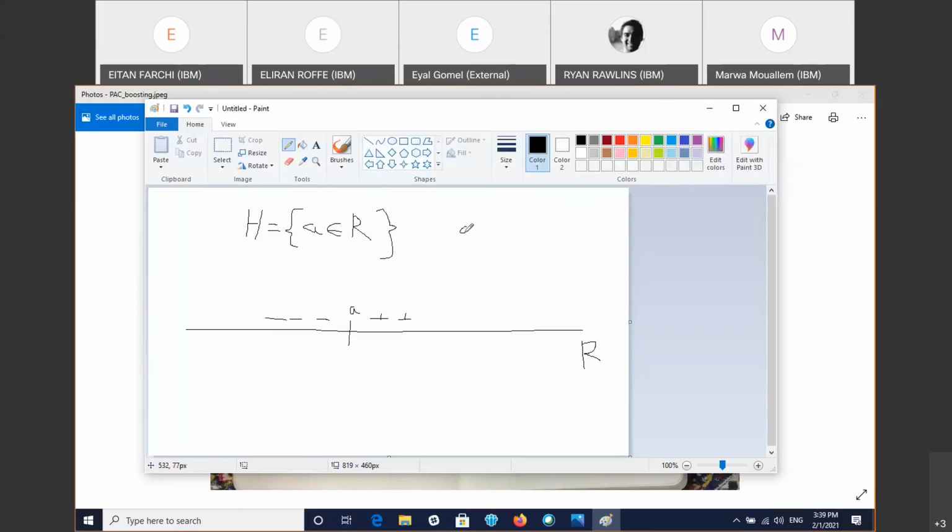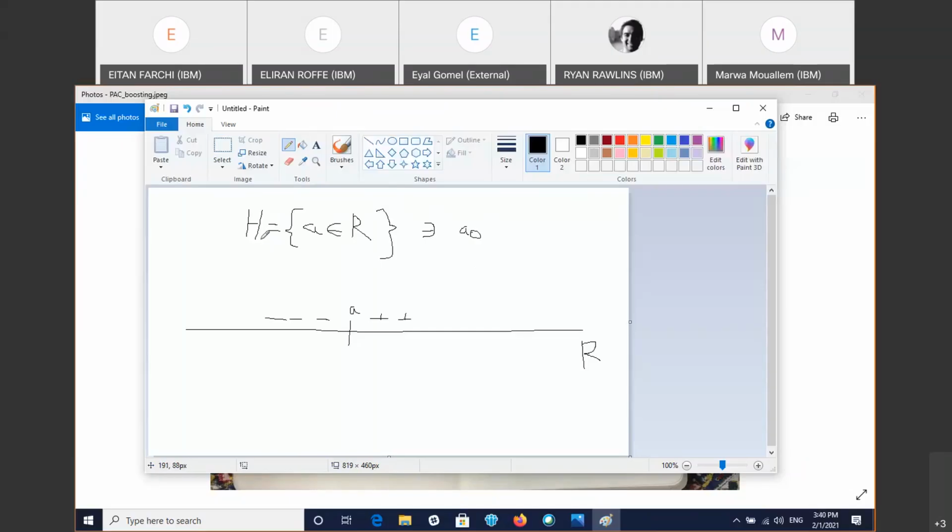So we assume there's some point that we don't know in H, which is the point that is chosen for the learner. Okay, so here's a concrete hypothesis set, very simple.